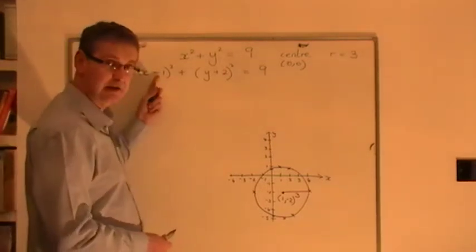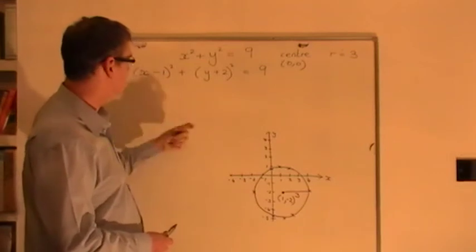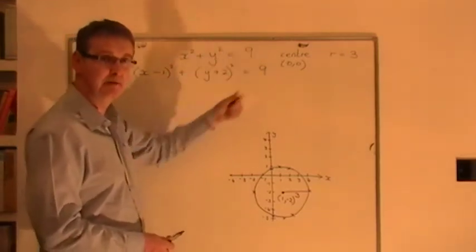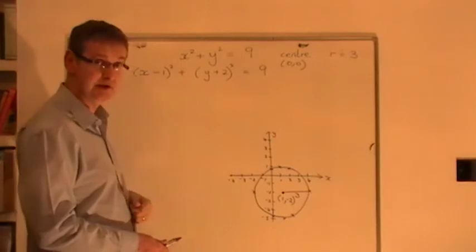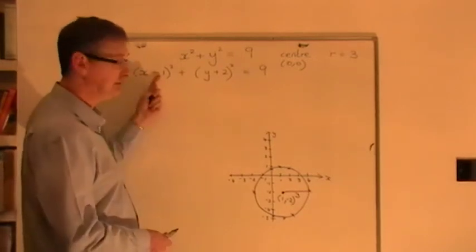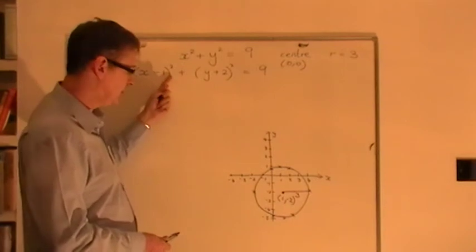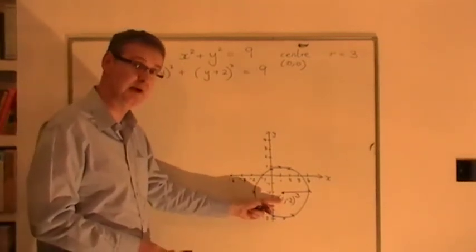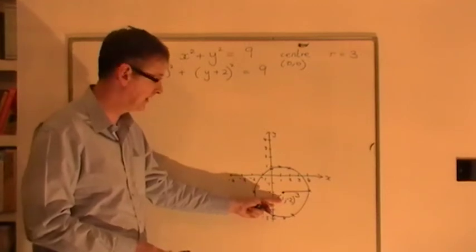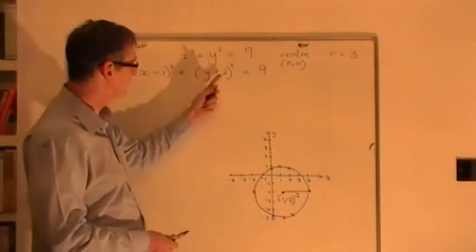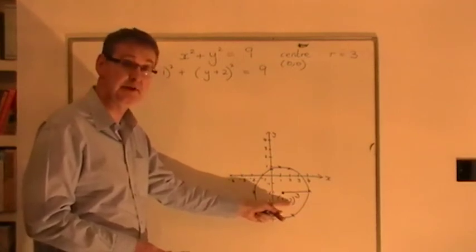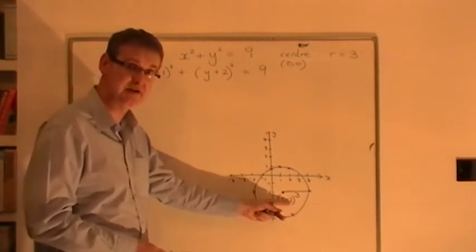If you've got a bracket which is squared with x's in, plus another bracket with y in squared, equals a number, this is the equation of a circle. Inside the bracket, if you have a minus 1, then the x coordinate will be opposite sign to the minus 1, it will be plus 1. If you have a y bracket with plus 2 in it, then the y coordinate of the centre will be the opposite sign, it will be minus 2.